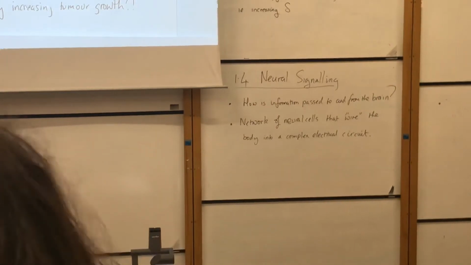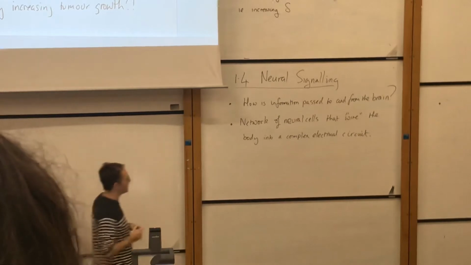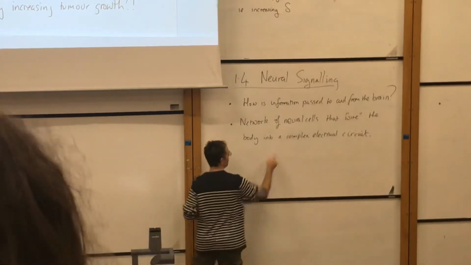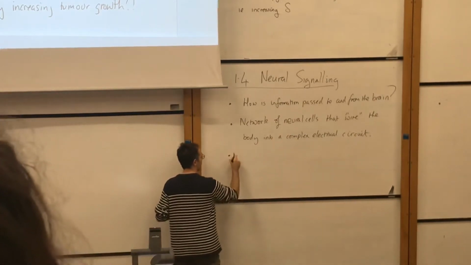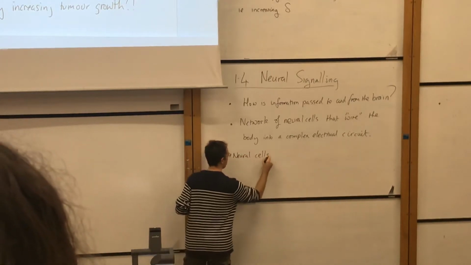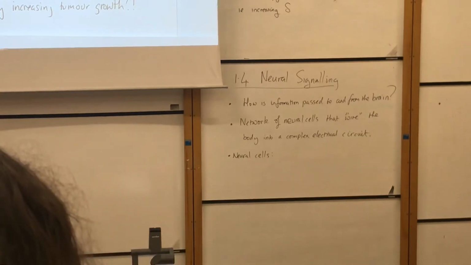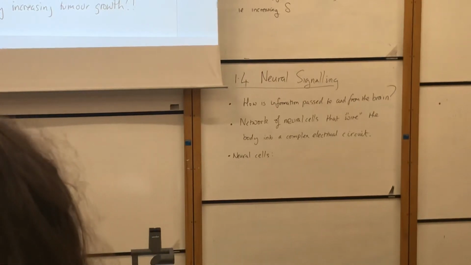And the key thing here is then to think about what these neural cells look like. So we've got various types of neural cells in our body, but the essential type is these very long extended cells.